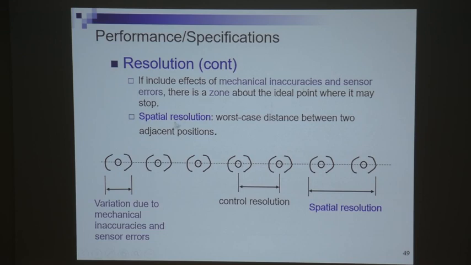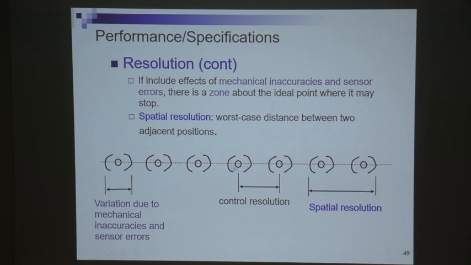So you have something called a spatial resolution. The spatial resolution will be the worst-case distance between two adjacent positions. You have to consider the variation due to the mechanical inaccuracy over here, and this defines the zone. This is your control resolution, and the point may not fall exactly on the point, but instead it will be off here.